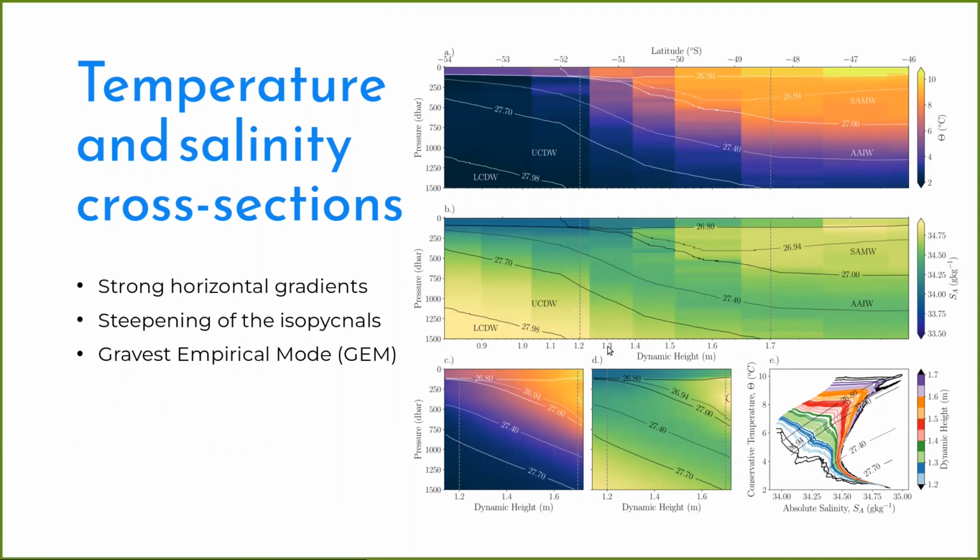With all the CTD profiles, we tried to get a cross-stream average of a transect. So this is an average field of all the profiles in the transect.